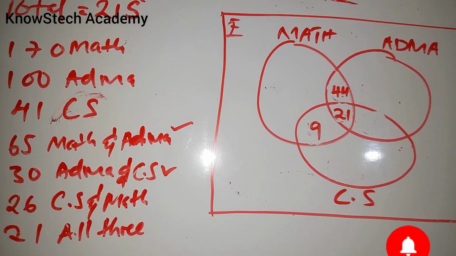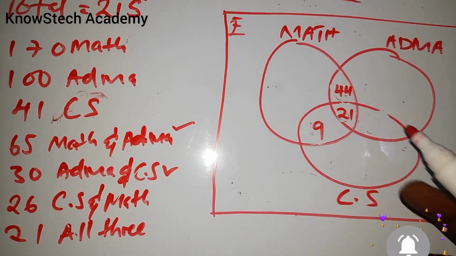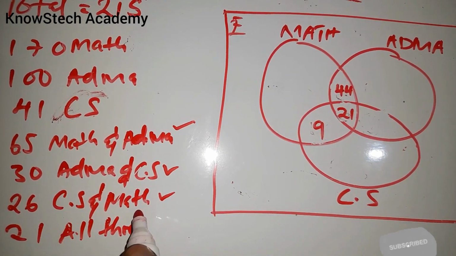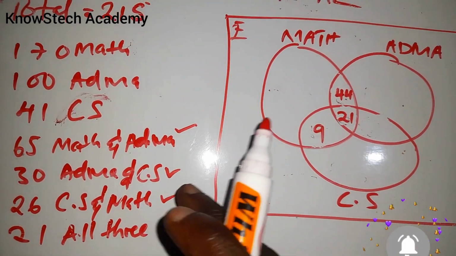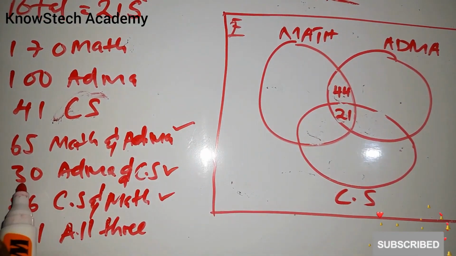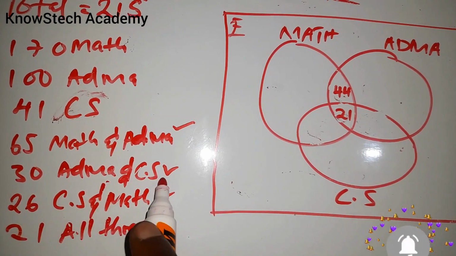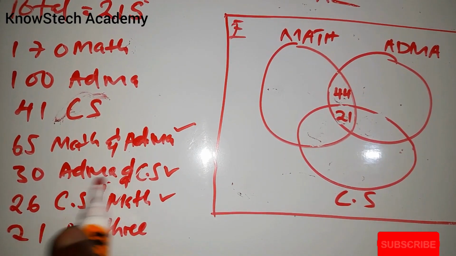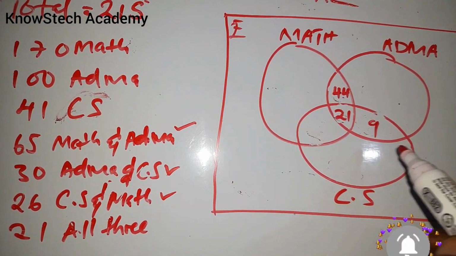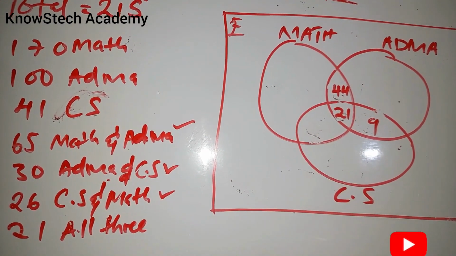Then those who taught mathematics and computer science were 30. So subtract 30 minus 21, the difference you write here, which is 9. Okay, then we are here. Nope, sorry, I made a mistake. Those who taught ADMA and computer science, not mathematics, were 30. So the 9 should be here and not here.